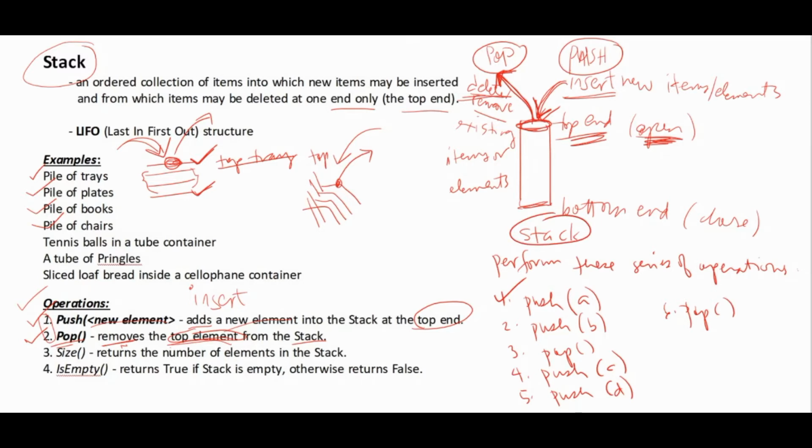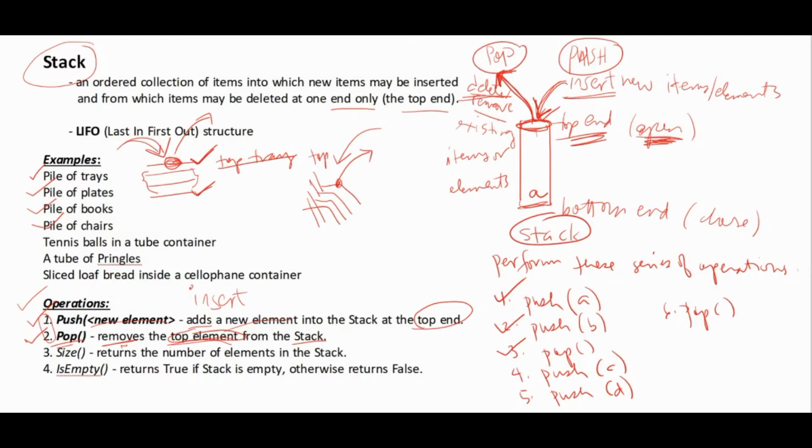Push A. So you push A, it goes to the bottom, so that's where your A is. The next is push B, so B is now on top of A. And then you pop, so B is removed.